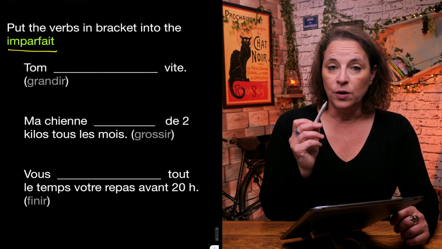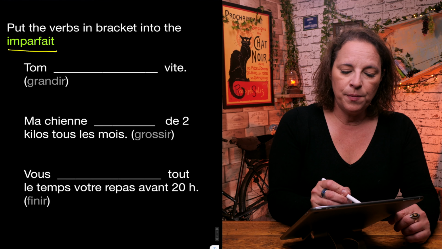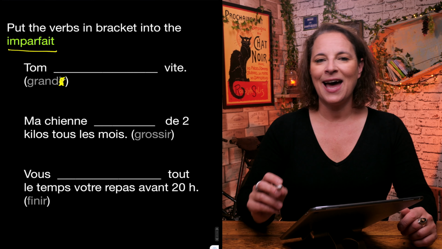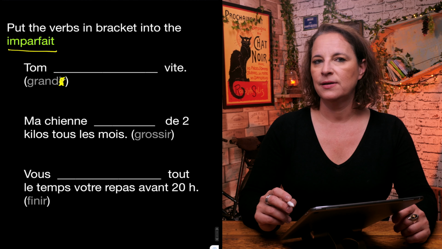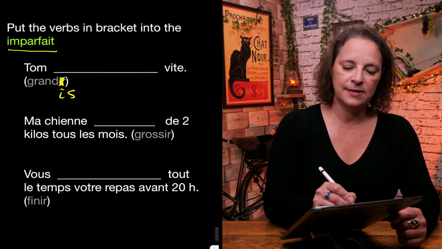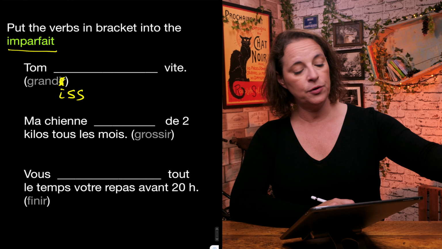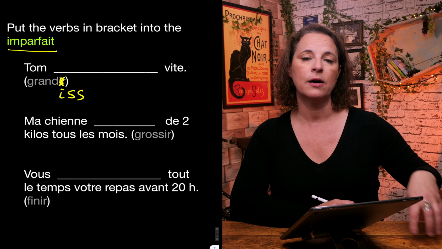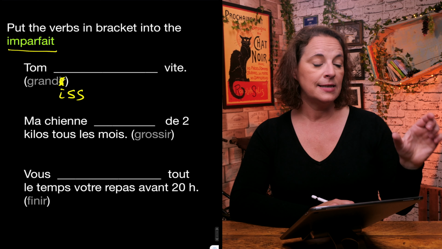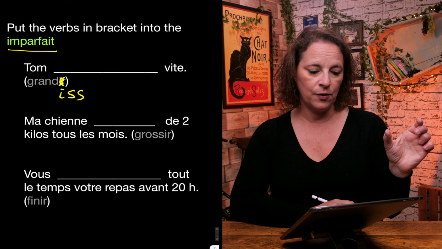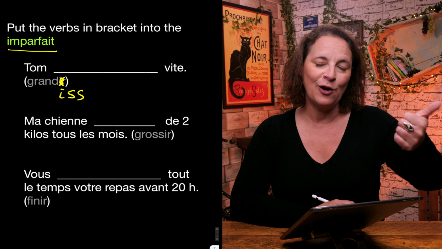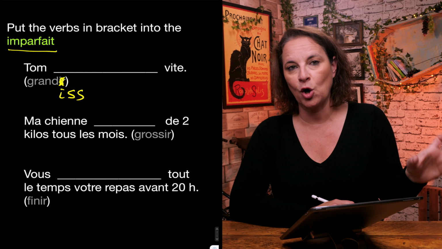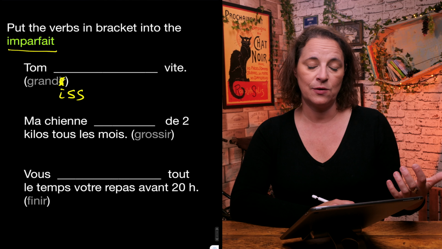So, what you need to do is drop IR and add the special stem ending, IS. Do you remember? Nous grandissons is the way we say we are growing, present tense. Take the IS stem, add it to grand, to make a bigger stem, grandiss, and then add the special ending.